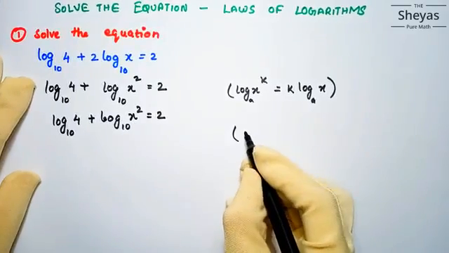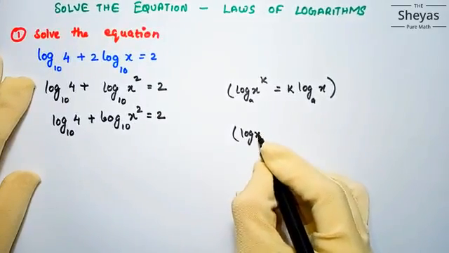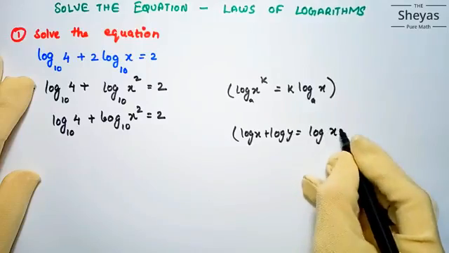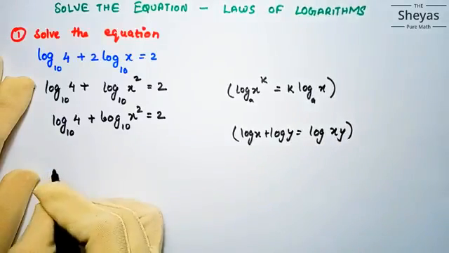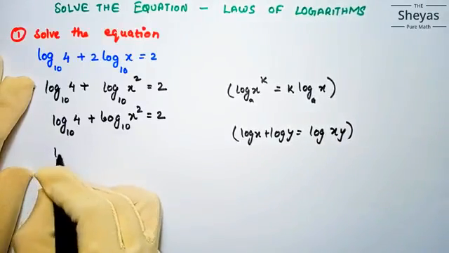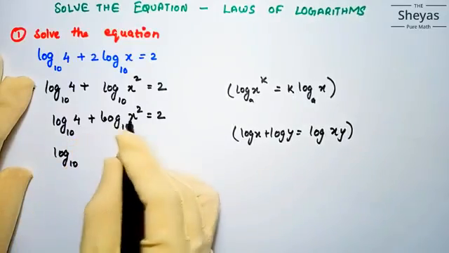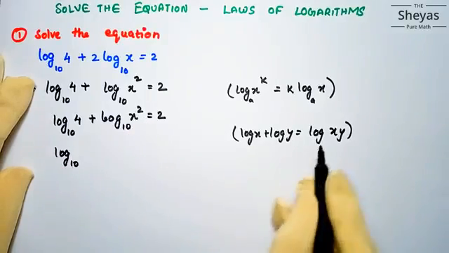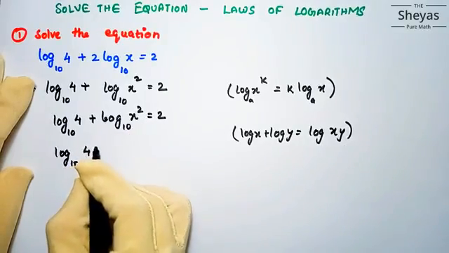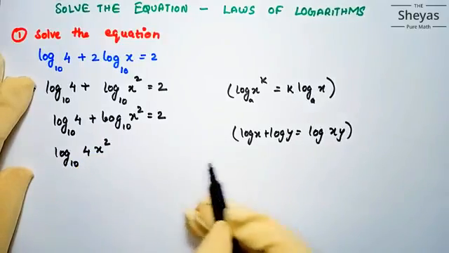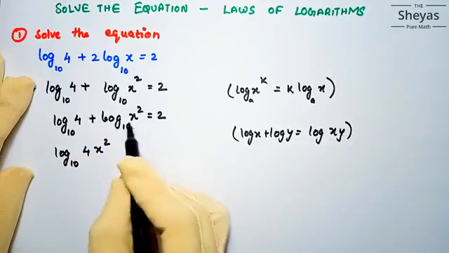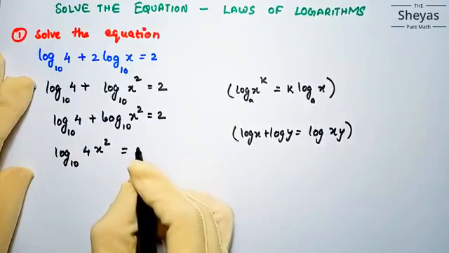So we know the addition rule, that is, if it is log x plus log y, we can write it as log xy. This is the first law, the multiplication law. So this log 4 plus log x square can be written as log of 4 into x square. So 4 into x square is equal to 2.